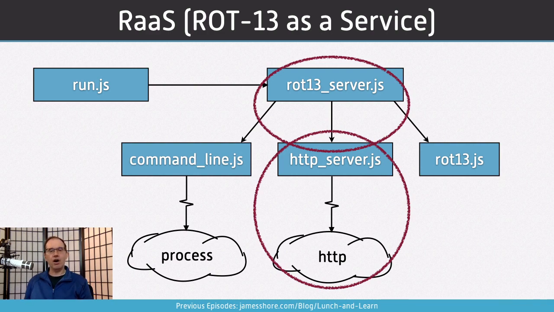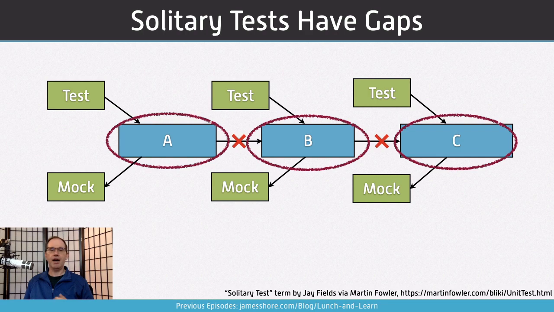Now we're doing this all without mocks. And why are we doing that? Well, I've covered it in previous episodes, but very briefly, tests that use mocks are solitary tests. They are very good at checking that your code actually works in isolation and that it calls its dependencies, but it does not check to see that it calls the dependencies correctly.